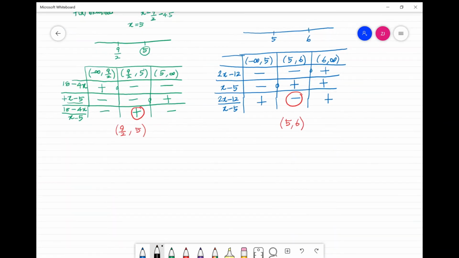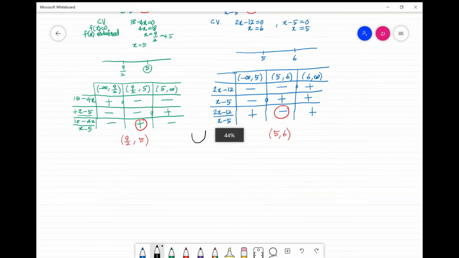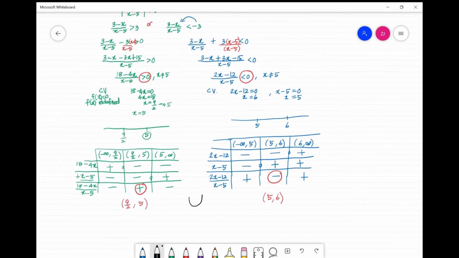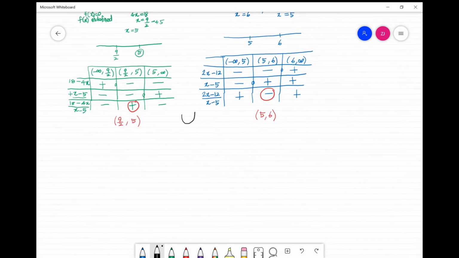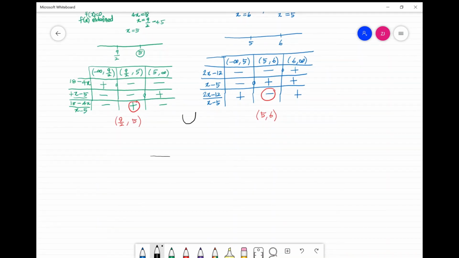We get the answer here, but don't forget, we are not done yet because we need to find the union between these two sets. Why? Because initially we defined the absolute inequality and we have written the or, which means union. Now in order to find the union between these two sets, we draw a number line. We have 9 over 2, and 5 and 6 here.